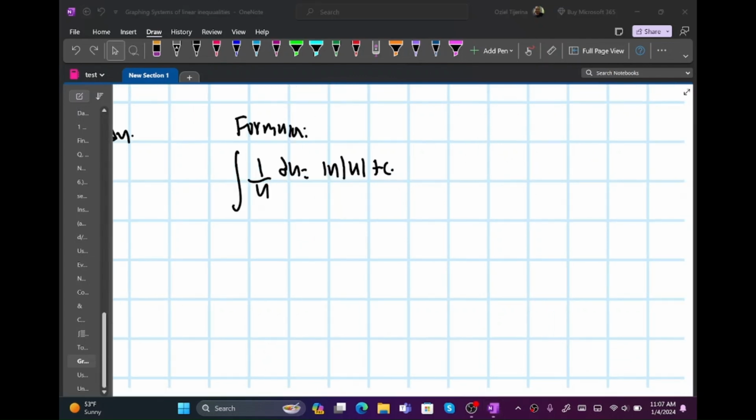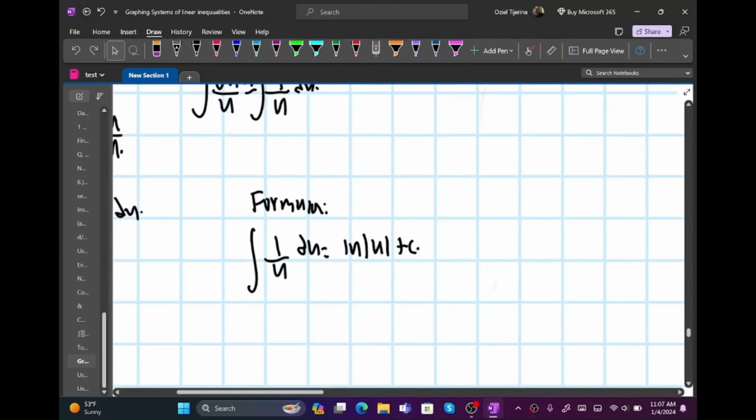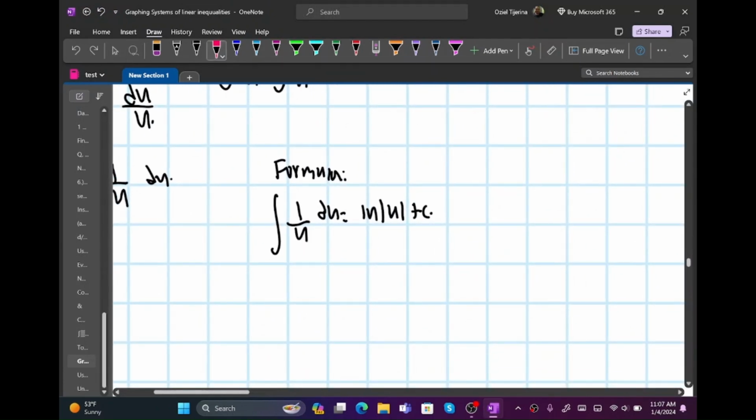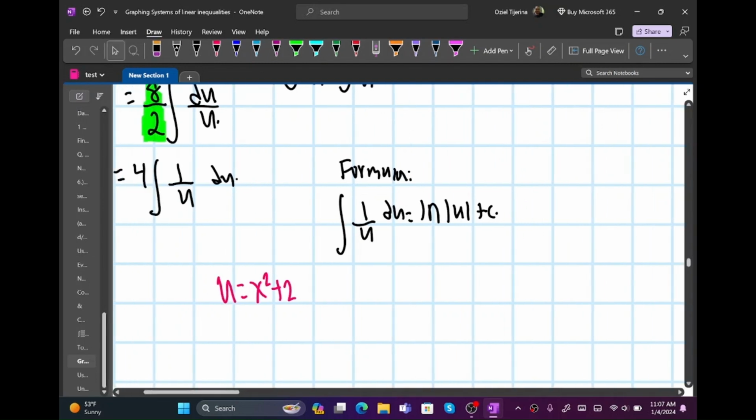plus c. Okay, guys, so I just want to quickly state u is equal to x squared plus 2. One thing I want to state here is that I do not believe we need to put the absolute value symbol. Because this is always positive, I do not believe we need the absolute value.